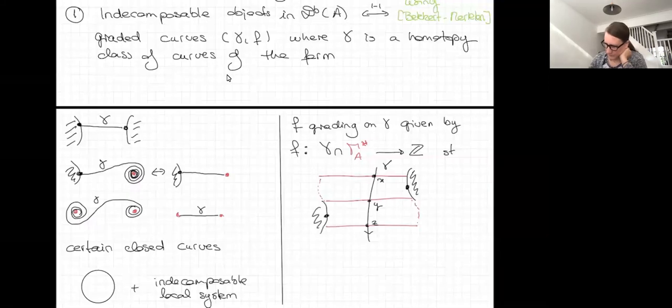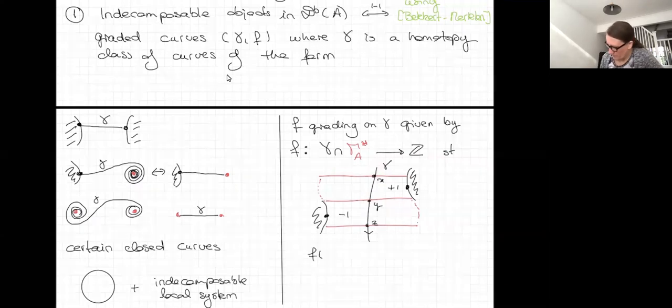Let's assume for a moment that the configuration is in this way. Then if we go in the direction of the curve from one red crossing to the next, if that marked point is on the left, we add 1 to our grading, and if that marked point is on the right, we subtract 1 from our grading.